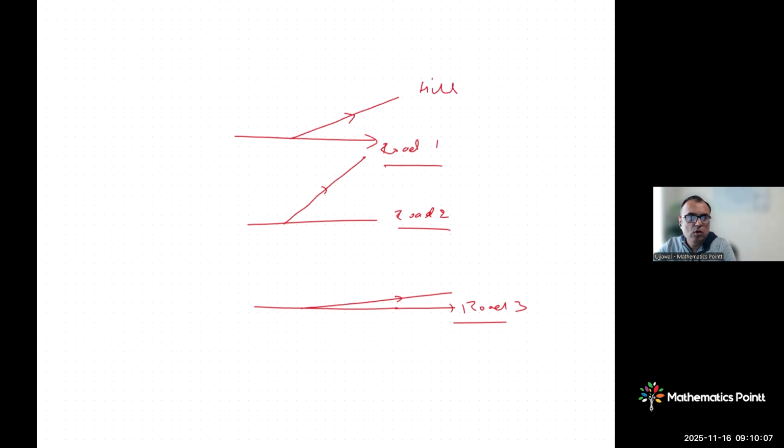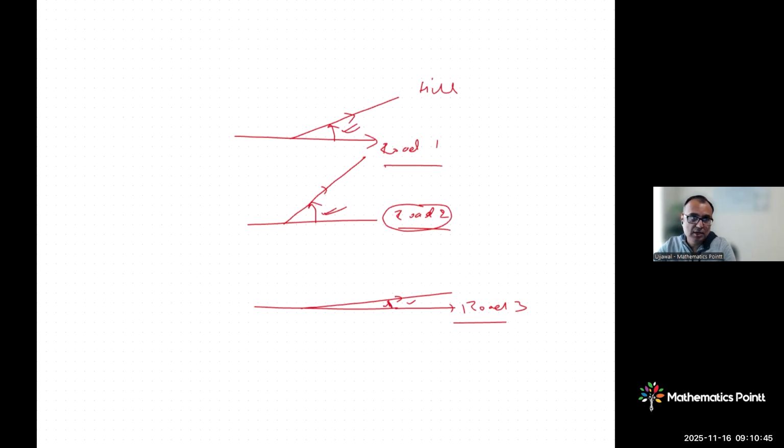So, which road has the steepest hill? Road number 2. Exactly. That's the steepest hill, which means if you know a bit of geometry here, if I measure the angle of road 2, it is more than the angle of road 1 and road 3.